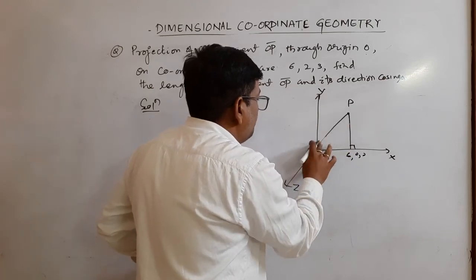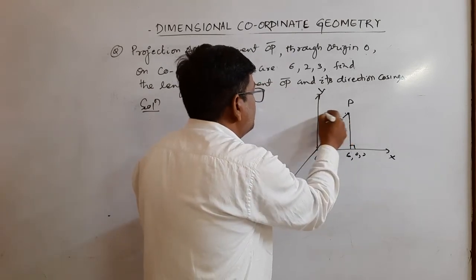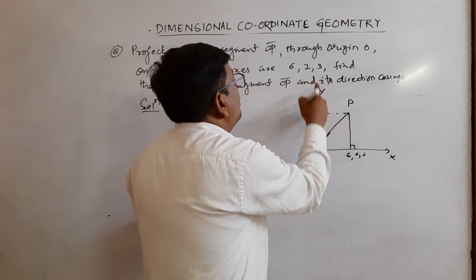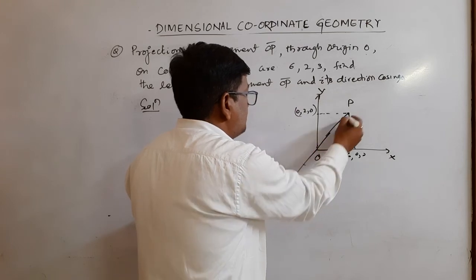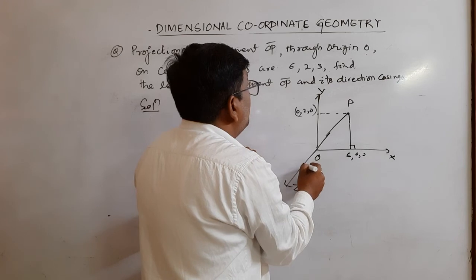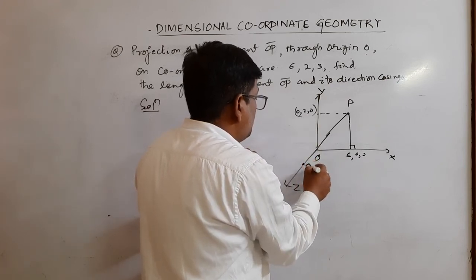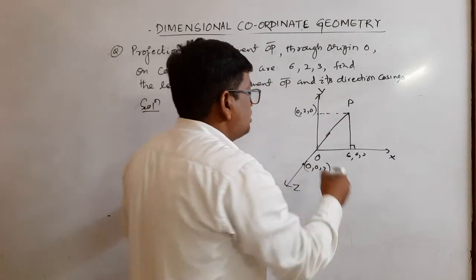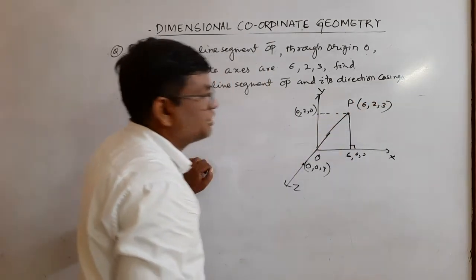And from y axis, this point is 0, 2, 0 and on Z axis, this point is 0, 0, 3. So the point P is obviously 6, 2, 3.